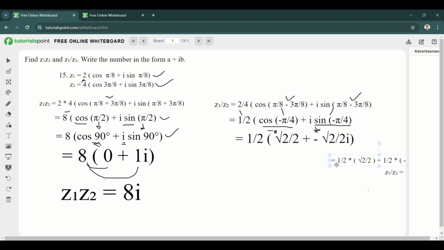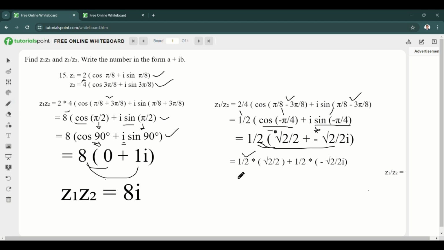So next step, we will distribute the value of this 1 half to these values. So 1 half times square root of 2 over 2 plus 1 half times negative square root of 2 over 2i.